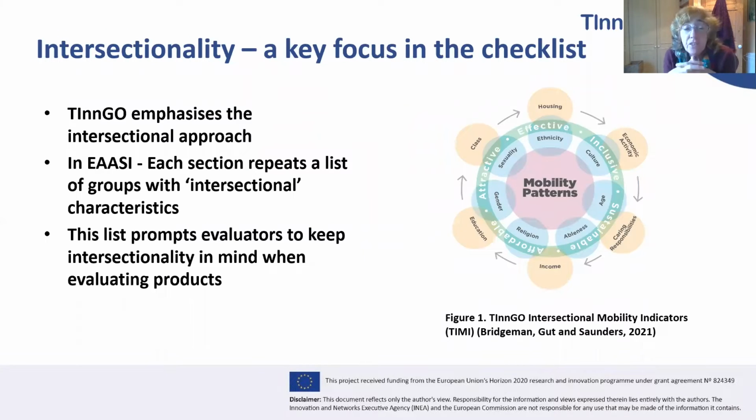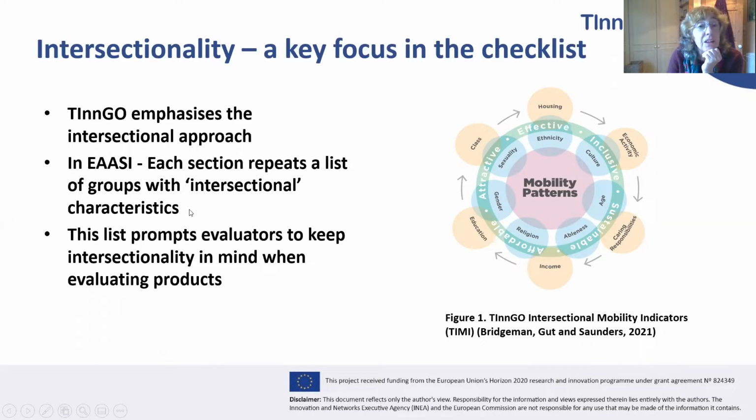There's another stage that we have included in this checklist, and that's about intersectionality. It's a key focus in the checklist. You'll have seen this TIMI wheel before in some of the other presentations. It's another tool that has been developed, and that could even be used in companion with this.